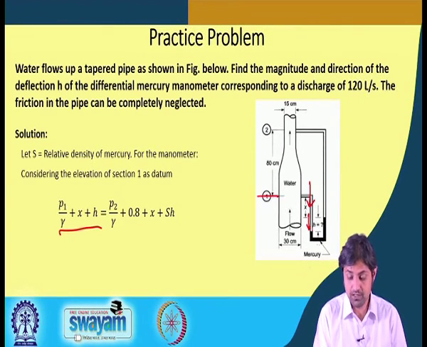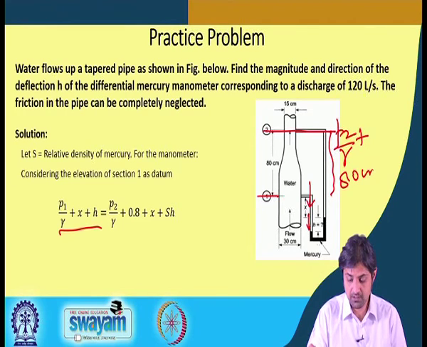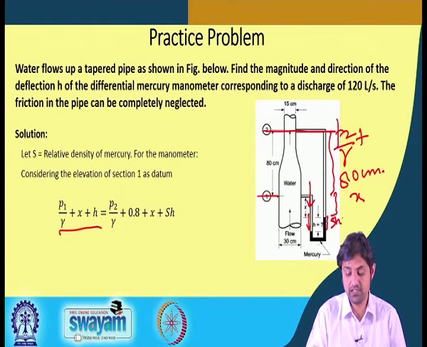That will be equal to P2 by gamma plus 0.8, because this is 80 centimeters, plus X plus, because the mercury is there, not water, instead of H we write SH.